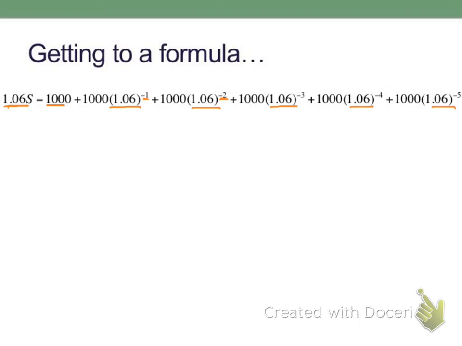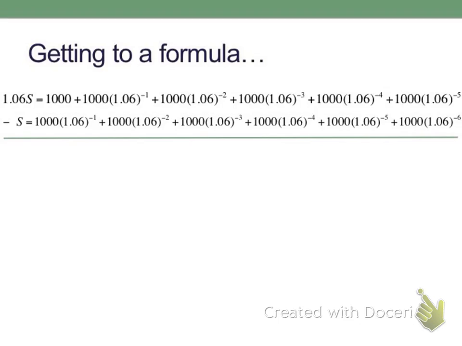Okay, now just like we did last time, I am now going to subtract from that the original S equation. And you'll see the same kind of thing happens. I have matching terms that when I subtract them, they're going to cancel each other out. So all of these terms are going to subtract from each other and cancel each other out.